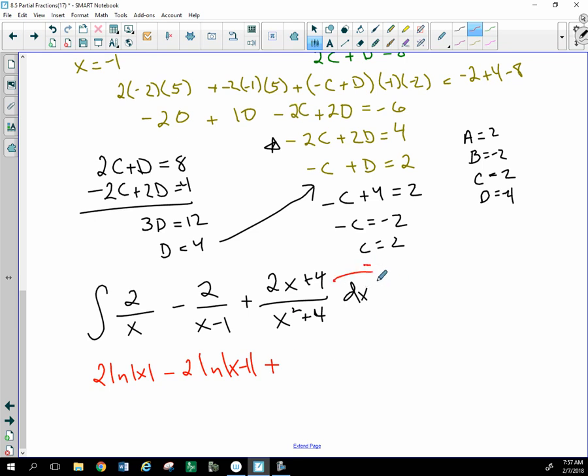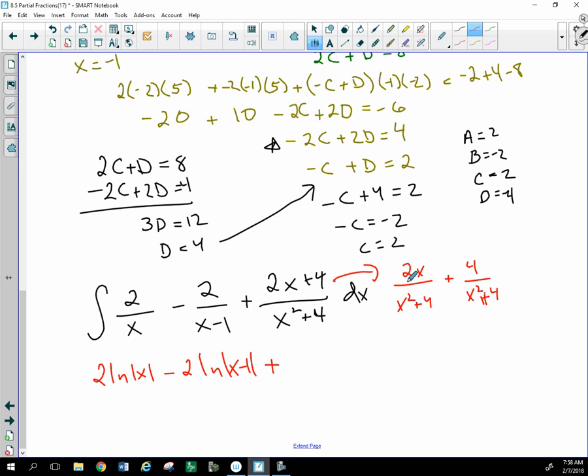So I'm going to break this into 2x over x squared plus 4 plus 4 over x squared plus 4, which basically means this guy I can do a u substitution on, which works out really nice. And then the other one over here ends up giving me an arctangent.